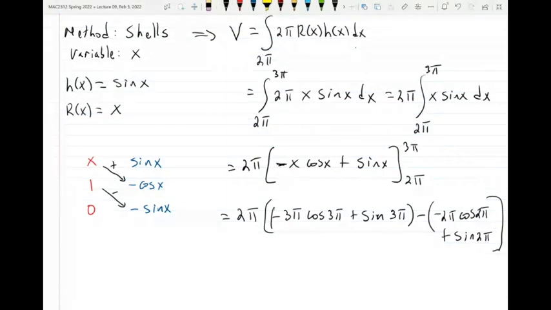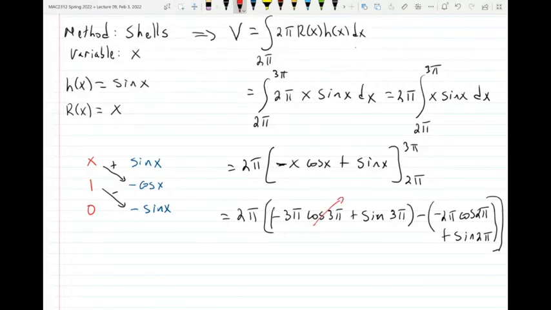All right, so let's simplify this. So cosine of 3 pi, what's cosine of 3 pi? That's the same thing as cosine of pi. Remember, cosine has period 2 pi. So the same thing as cosine of pi, and cosine of pi is negative 1. Sine of 3 pi, that's 0. Sine is 0 at multiples of pi.